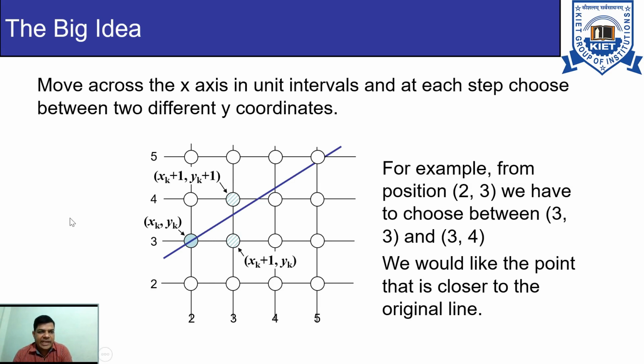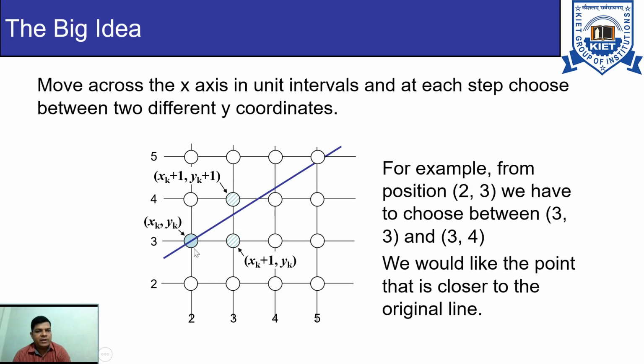We know that as per the DDA algorithm, whenever you are drawing any line having slope less than 1, we simply increment the value of x and approximate the value of y. Now move across the x-axis in unit intervals. At each step choose between two different y coordinates.